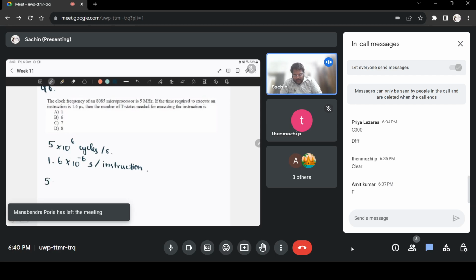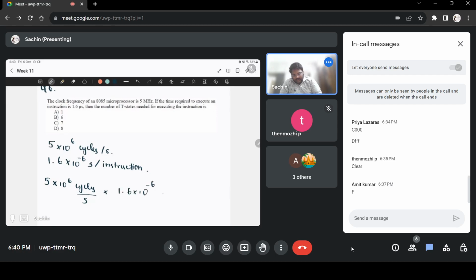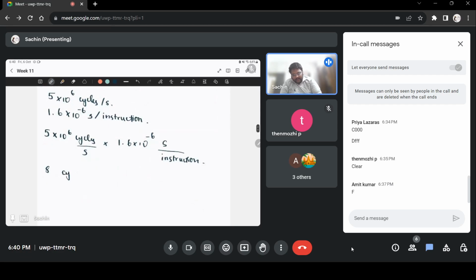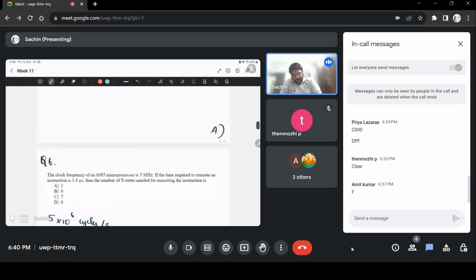So it is 5 into 10 power 6 cycles per second into 1.6 into 10 power minus 6 seconds per instruction. That will give you 8 cycles per instruction. So the answer is 8.